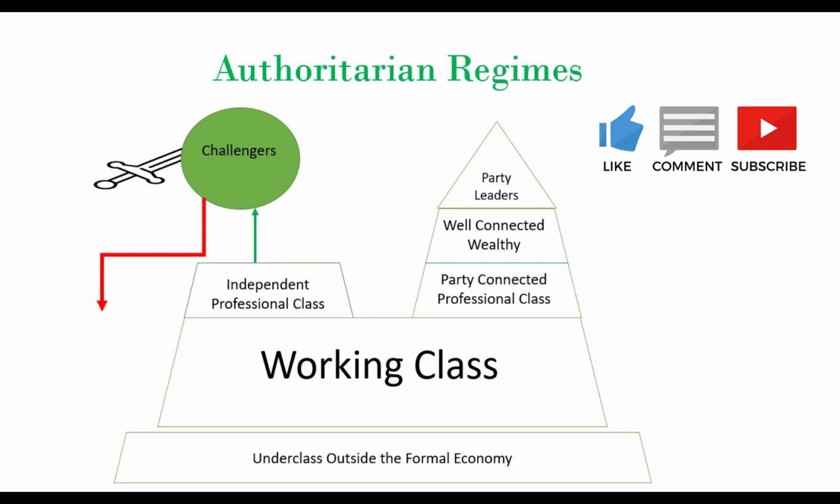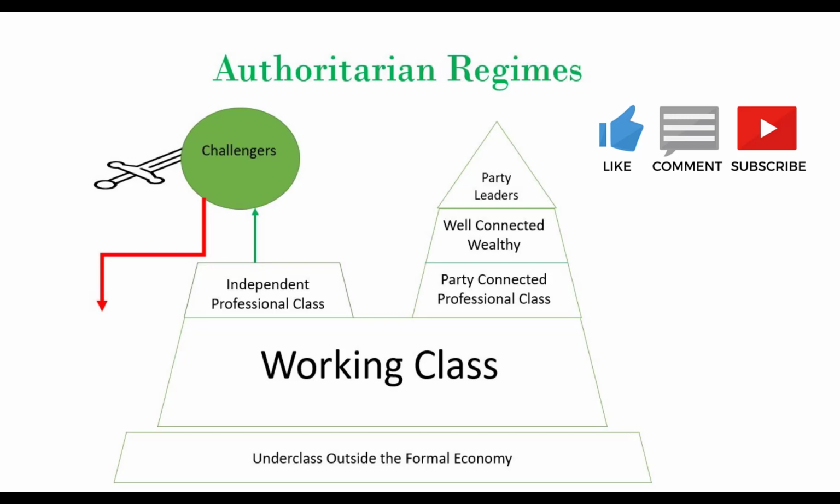If somebody gains enough wealth or influence independently of the regime's infrastructure, the regime will use the legal system or violent force to take them out, or try to bribe them to integrate into the latter.